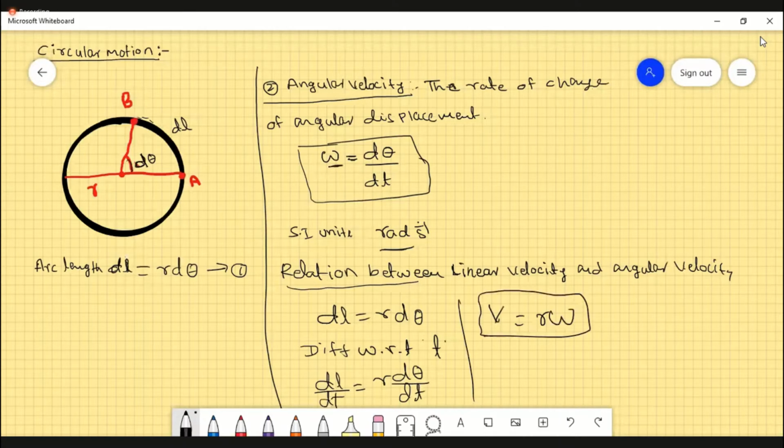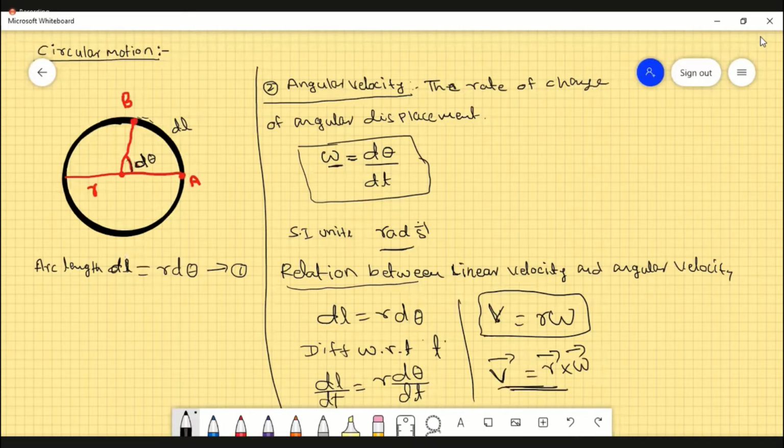Sir, what is the direction of angular velocity? That one I will tell you. But all are vectors only: r, v, and everything is a vector. So if we consider linear velocity, v equals r vector cross omega, or omega vector cross r.